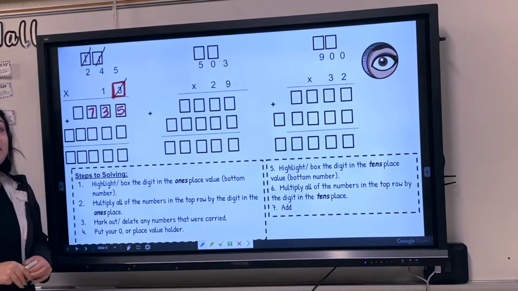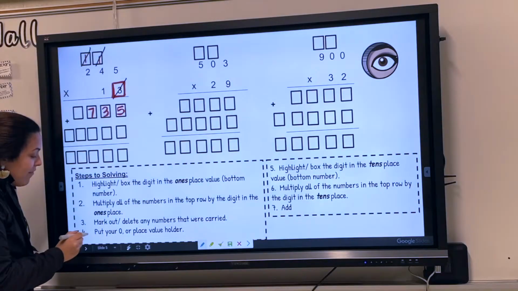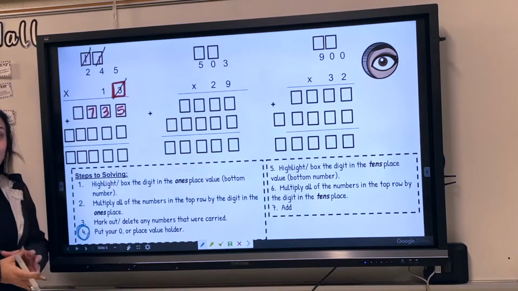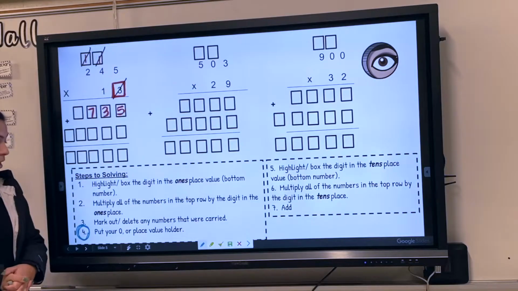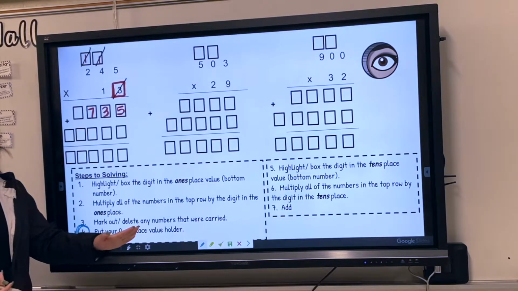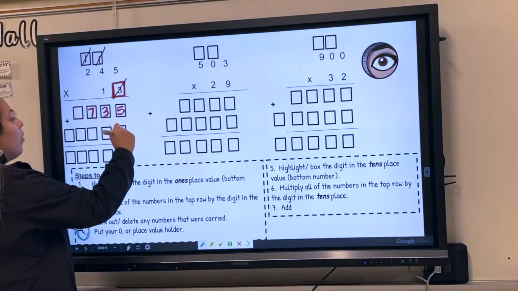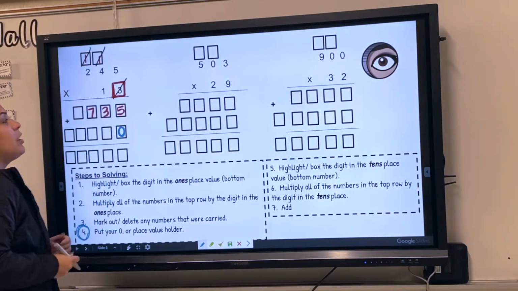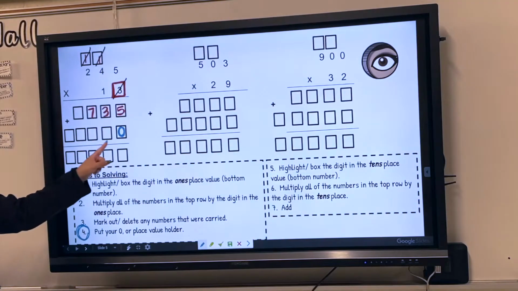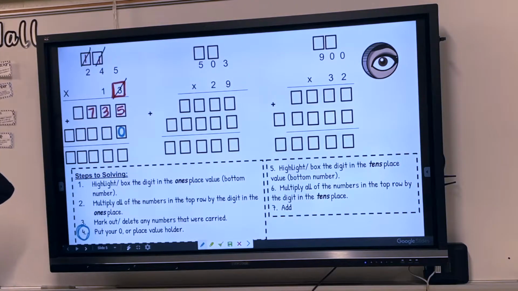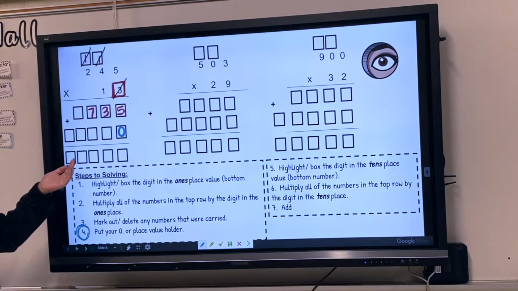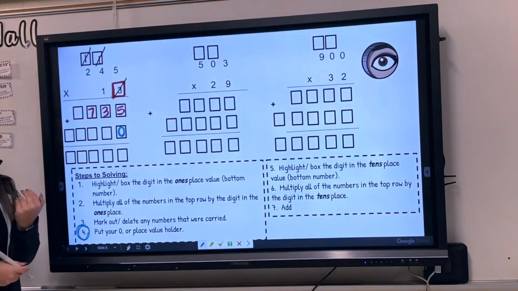But before I can do that, I have a very important step that I need to do. That step is I need to put my 0 or my place value holder. So I always need to put a 0 in the 1's place of that second row to make sure that I am now moving on to the 10's place, okay?